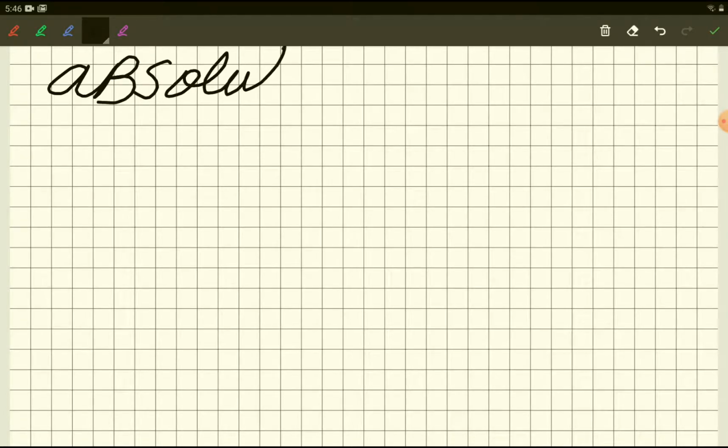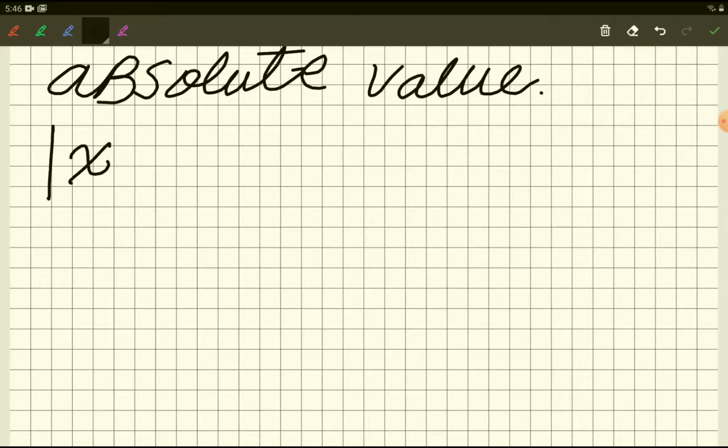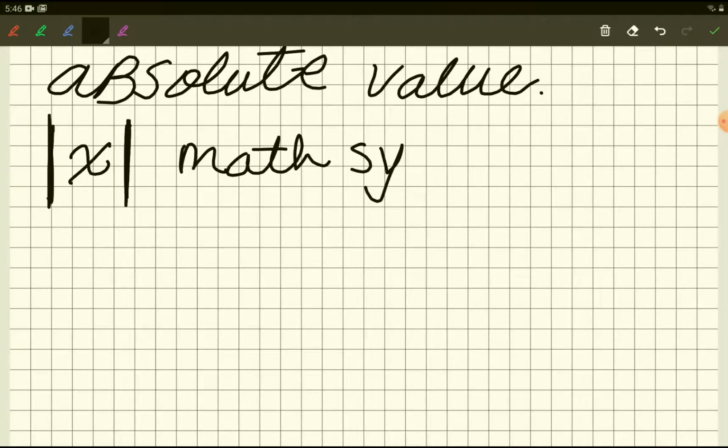Absolute value. Okay, so the need to know. These vertical bars are a math symbol.